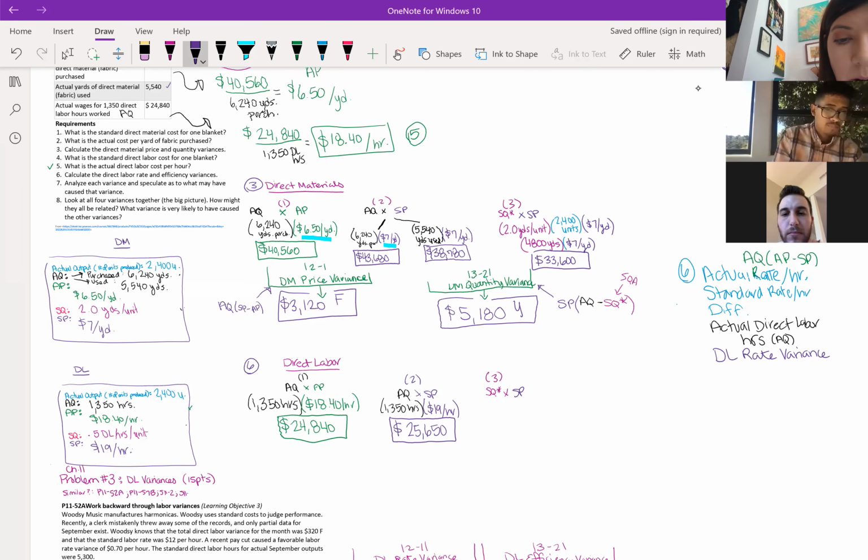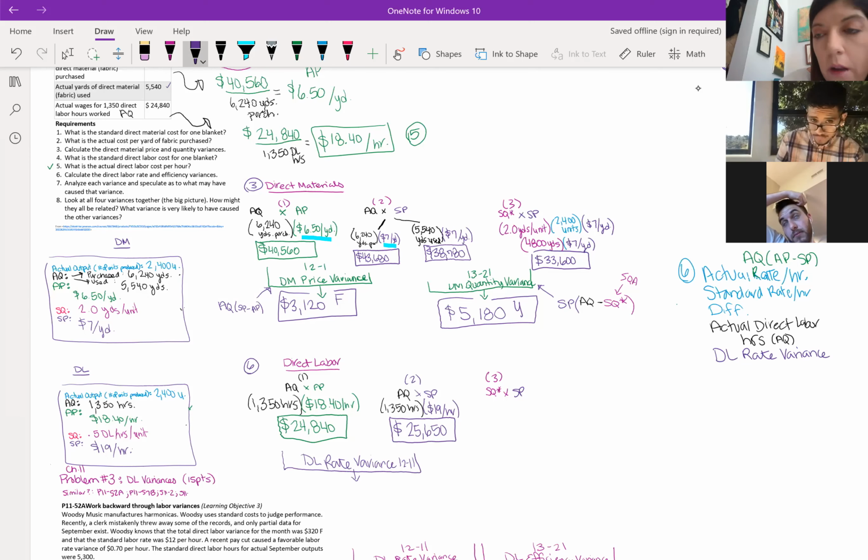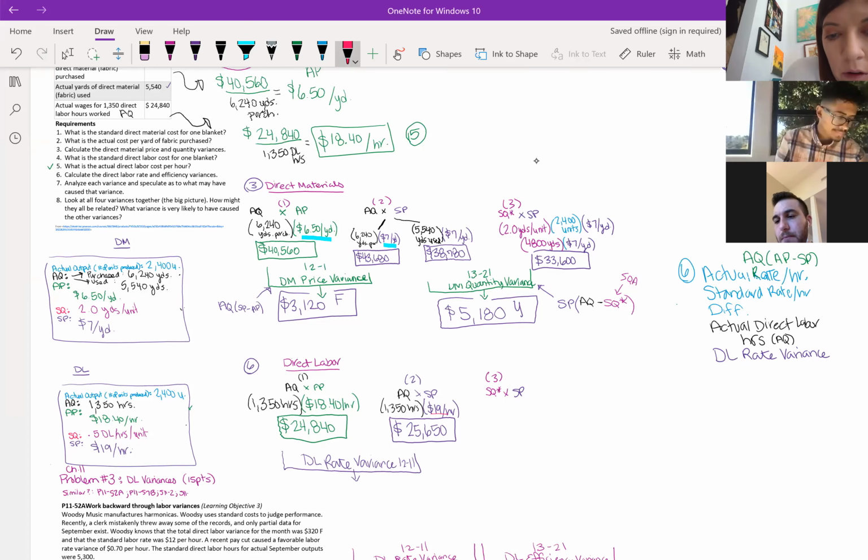So for our rate variance for direct labor, right? We should have paid $19 per hour. We actually paid $18.40 per hour. So do we pay more or less per hour than we should have? Less.